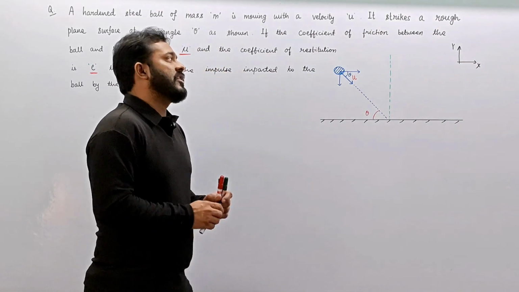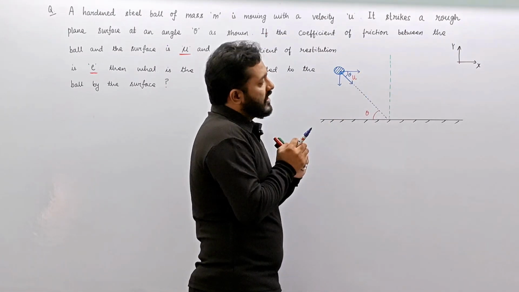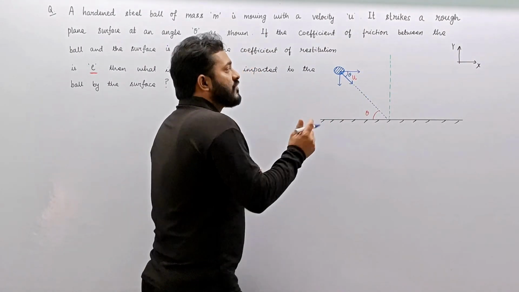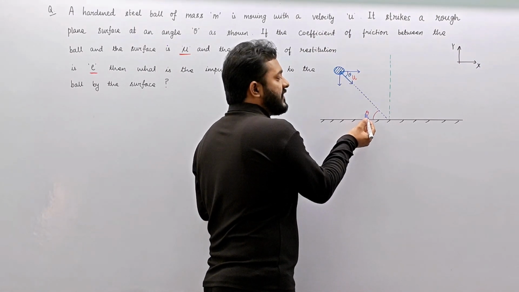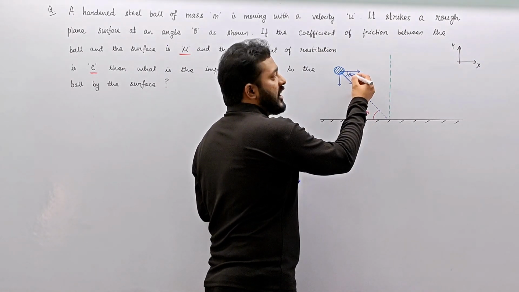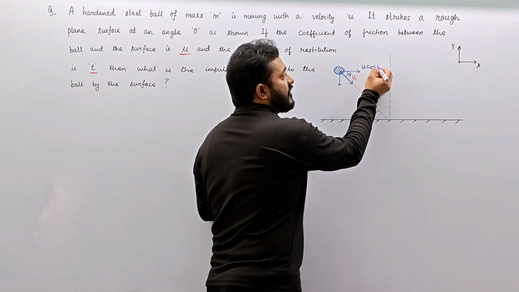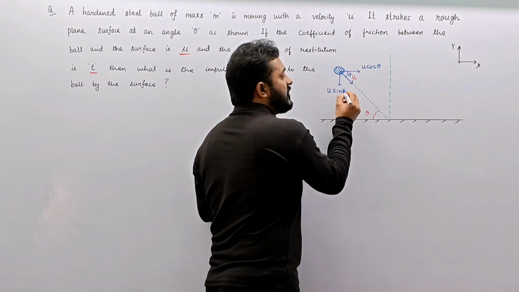The first thing we are going to do is understand the motion of this ball, and then find out what exactly happens. When the ball is approaching with a speed u at this angle theta, so this one is also theta, we can break the velocity into components u cos theta and u sin theta.